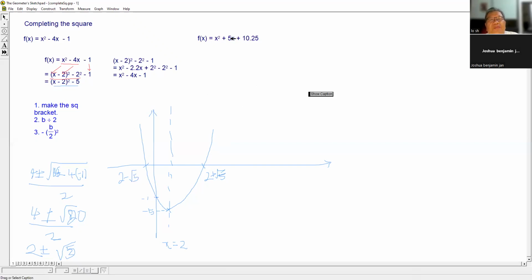So now, can you complete the square for this one? Okay, I guide you. Before I continue with this one, you go through the steps here one more time and see whether you know what to do or not.